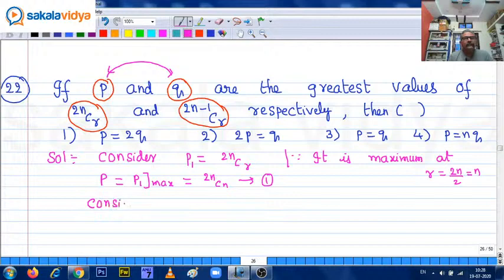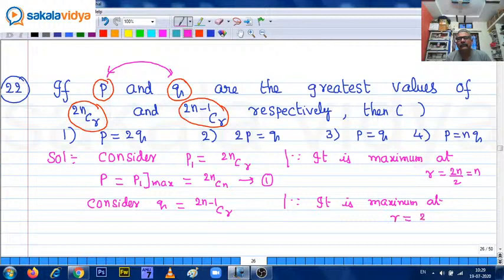Consider Q equals 2n minus 1 CR. So 2n minus 1 is odd. It is maximum at R equal to 2n minus 1 upon 2. So 2n minus 1, minus 1, that will be n minus 1.